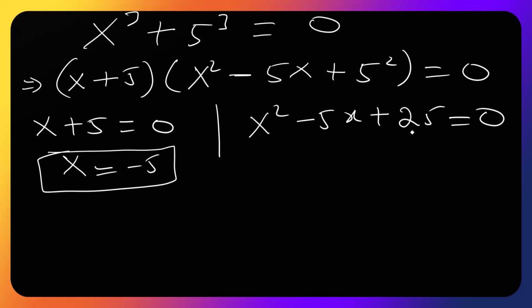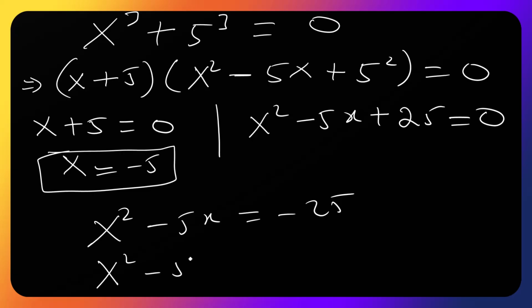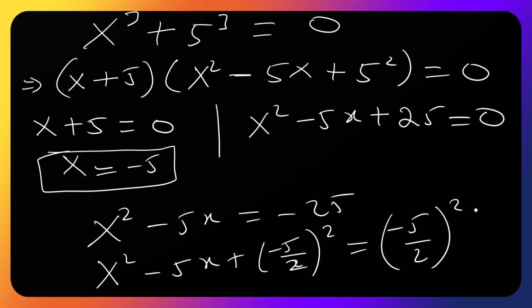So x squared minus 5x. Let's go by the method of completing the square. X squared minus 5x equals minus 25. Let's take half of the coefficient of x. We have minus 5x, so this time we add minus 5 on 2, squared, to both sides.